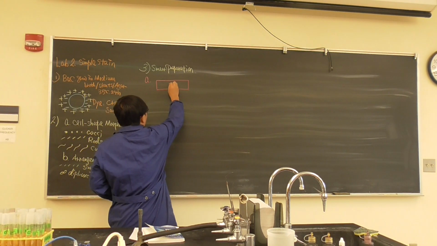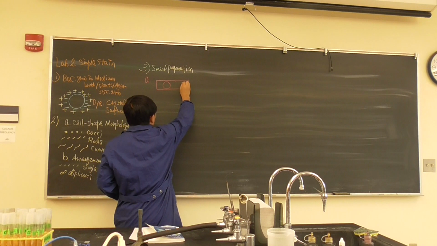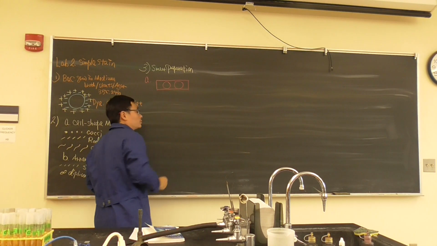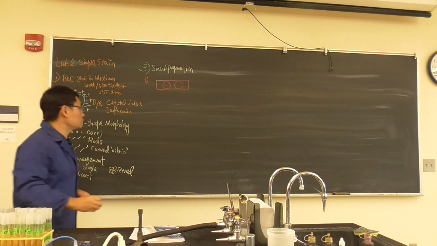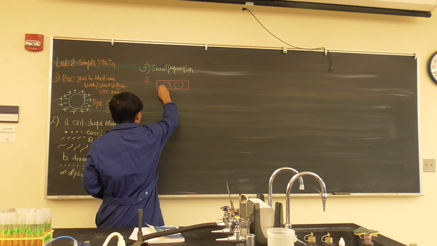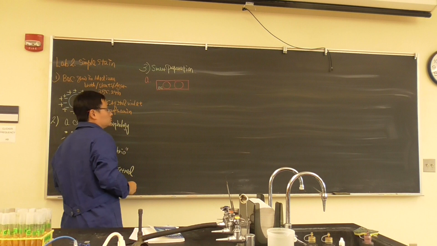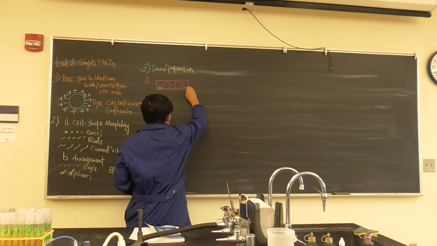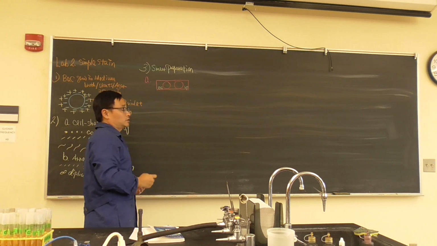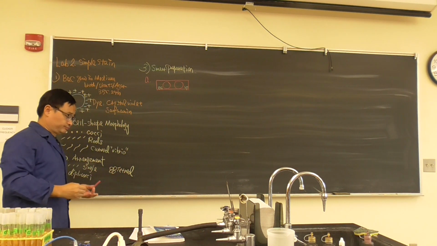We will draw two circles, because we're going to do two bacteria. The bacteria we're going to do today are E. coli, so you label EC on one side, and you will label Lactobacillus fermentum, so just label LF.